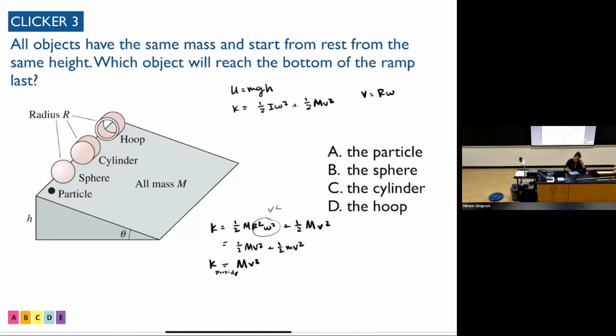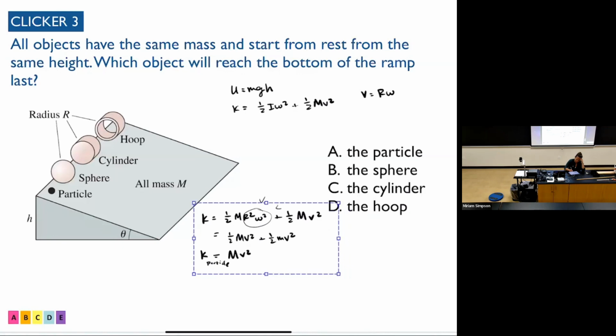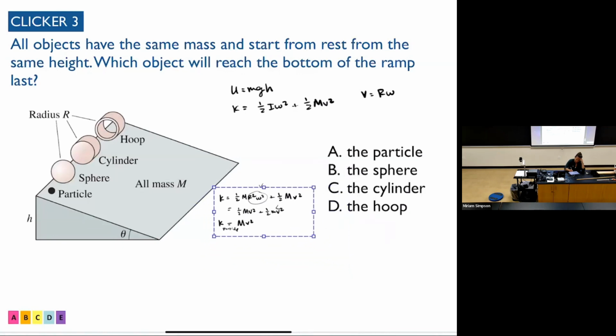All right, how about the sphere. So that's 1/2. What's the moment of inertia of a sphere? I think it was 2/5. Solid sphere, 2/5 mr squared. So this is 1/2 times 2/5 mr squared omega squared plus 1/2 mv squared.